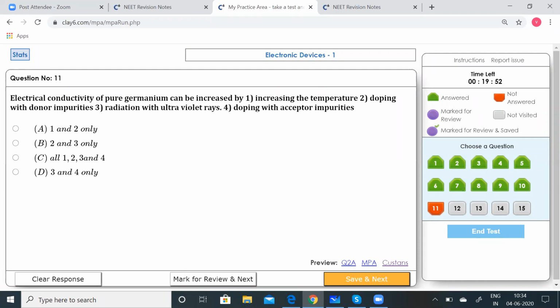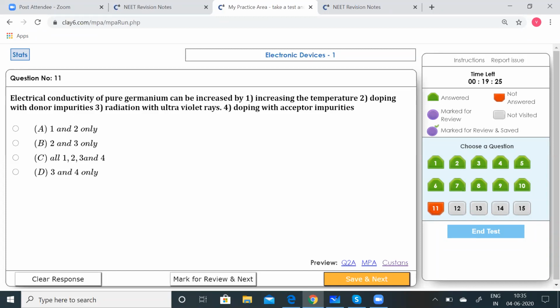Electrical conductivity of pure germanium can be increased by 1, increasing the temperature, 2, doping with donor impurities, 3, radiation with ultraviolet rays, 4, doping with acceptor impurities. Which statements are correct?